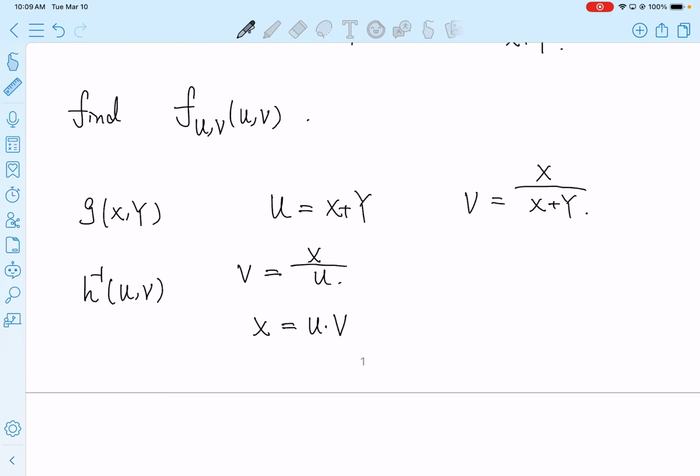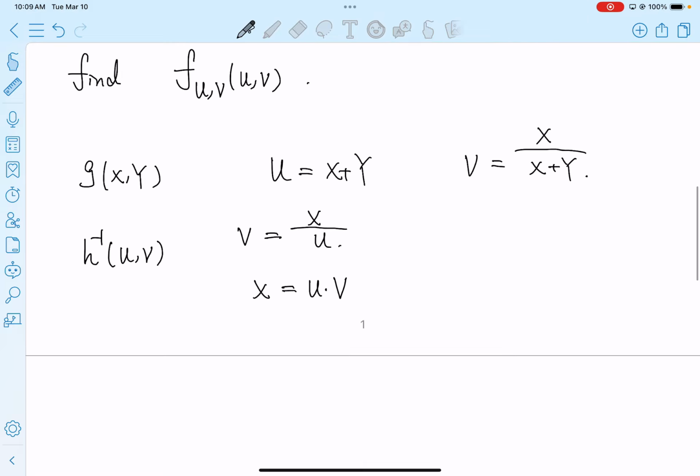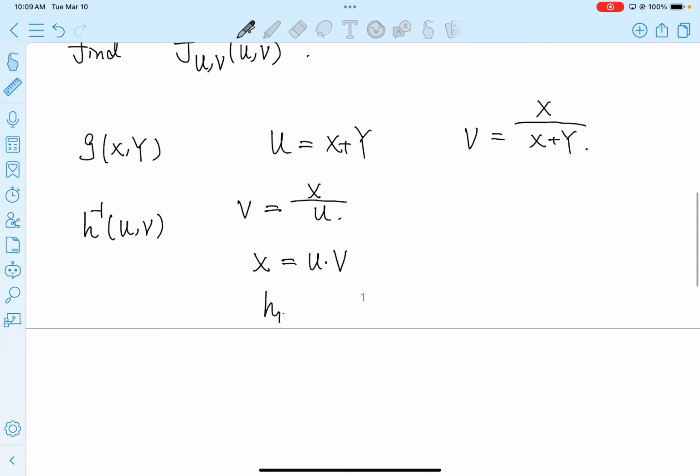So v is equal to x divided by u, and that gives an inverse function to get x back: x is equal to u multiplied by v. If you refer to the notation of the formula, this is your h1 of u and v. If you input u and v, you get your original random variable x back. So x equal to u times v is your inverse function for x.